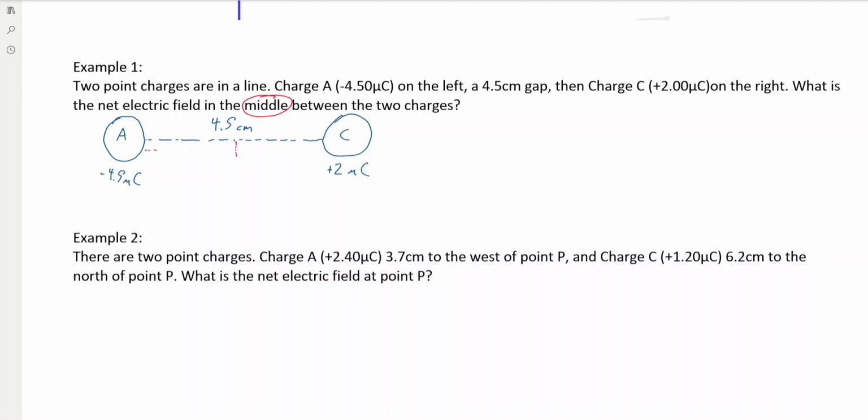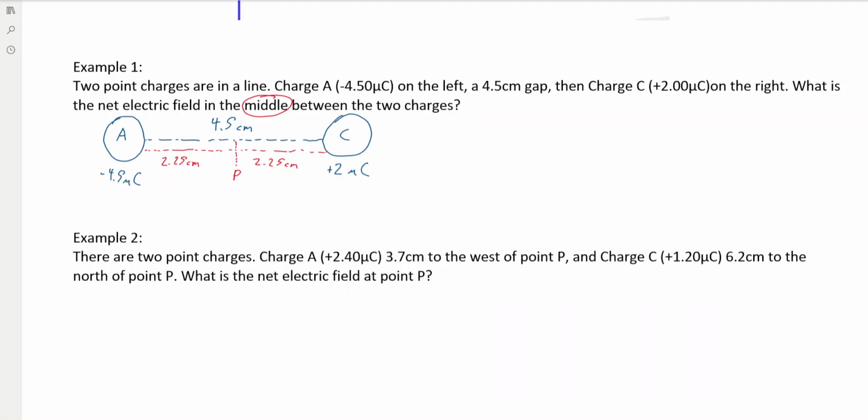So if we figure out the distance from here to here, and from here to here, we can work with this. It's going to be half of the original distance, so 2.25 centimeters. And that's the position, I'm going to call it point P, where we're looking for the electric field.